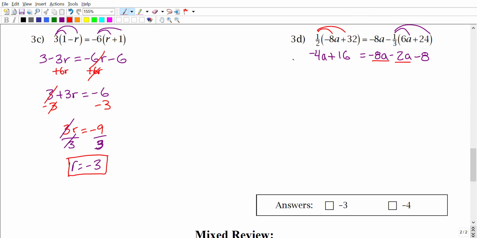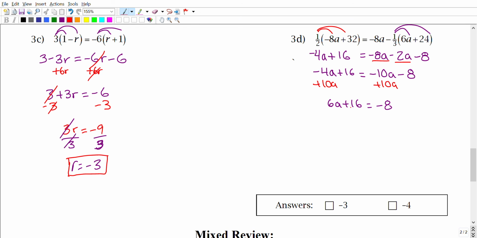So I get negative 4a plus 16 equals negative 10a minus 8. All right. Now I can go ahead and move my smaller variable. I get 6a plus 16 equals negative 8.